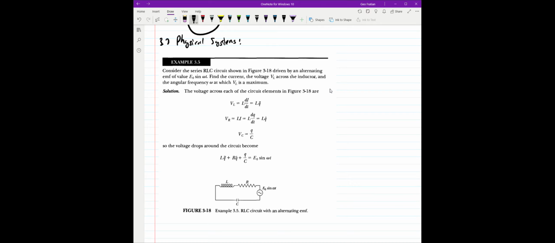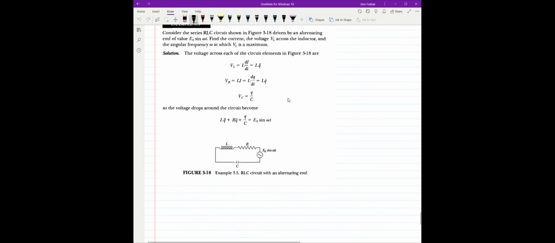And then across the capacitor, it's just the charge divided by the capacitance, Q over C. Okay, so we can write it as basically this if we run it with an AC signal of E naught sine omega t. And we immediately see our circuit problem just derived into an oscillations problem with damping being provided by the resistor, which should make sense, right?